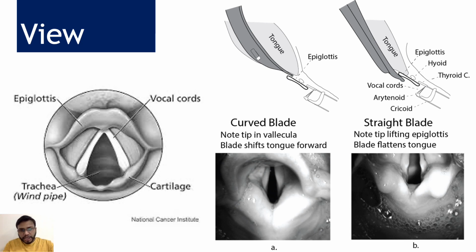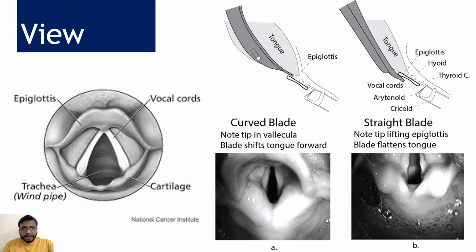Whereas if it is a Macintosh blade that you use, that's a curved one, the blade goes in between the tongue and the epiglottis, that's the vallecula, and you are going to lift the tongue along with the epiglottis and pull it up. And what you're going to visualize is the epiglottis, the vocal cords and also the tracheal cartilages and the trachea inside.